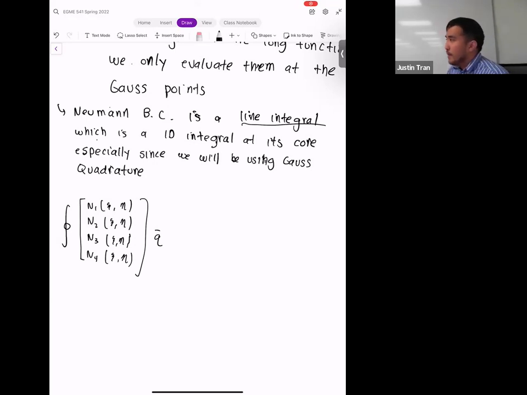But it's possible to have spatially varying loads, and this can very easily be a function of x and y. If we transform this, we're going to transform it into a Gauss integral.